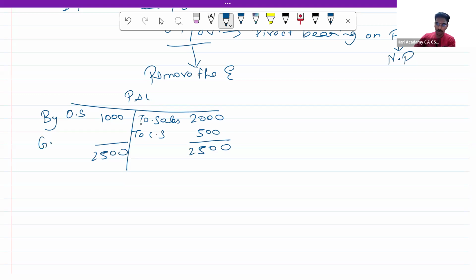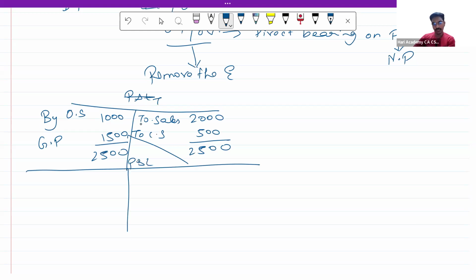Then my gross profit is going to be 1500. This 1500, assuming this is trading account, then P&L account. In P&L account, to gross profit, it is going to be 1500. And there are going to be multiple expenses, and we are going to have net profit of some amount. Say for example 1000. So all these things put together, it is 500.